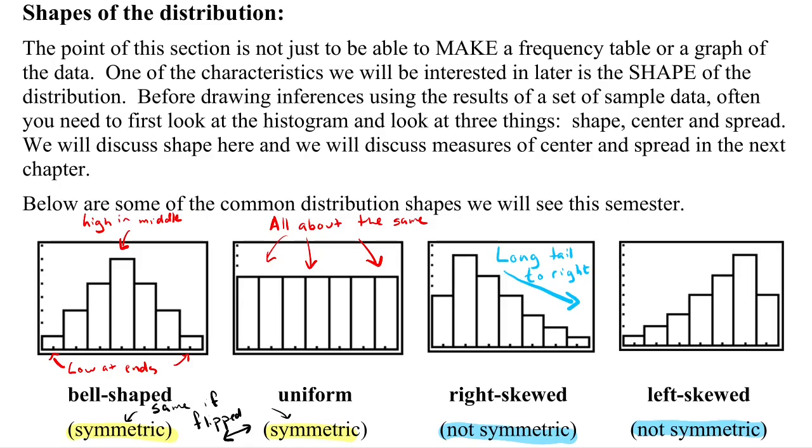And we say that our distribution is left skewed if we have a long tail to the left. So the direction of the skew, you can imagine you take a bell-shaped distribution and you grab one end and you pull it out, you stretch it out, and you get a distribution that's skewed in the direction that you stretched it, in the direction that you pulled out the tail.